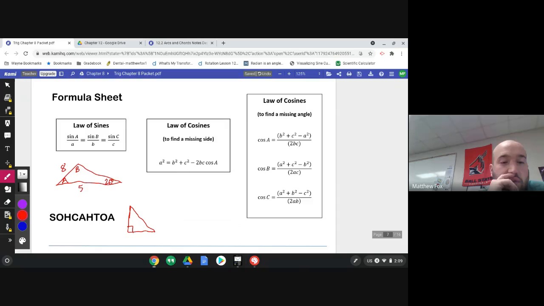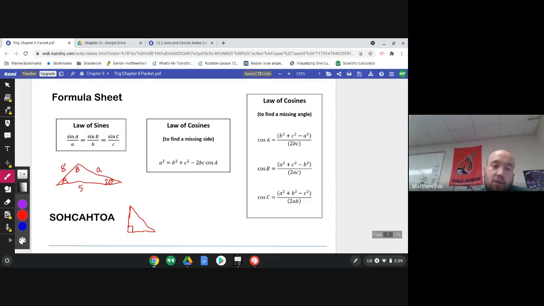I can put a little a over there. We could solve, because I have a 20 degree angle and 8 there, and I can use that as long as they match. That's our C. Sine of 20 divided by 8 would have to equal the sine of B divided by 5.